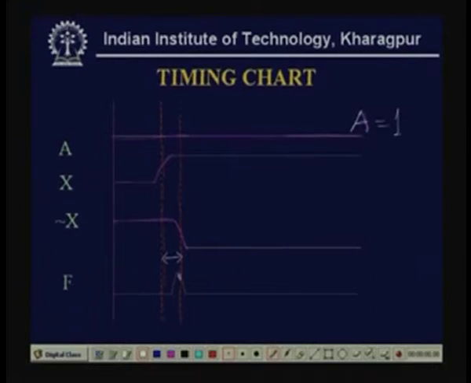Then in this particular example, at the output F, there will be a glitch during this transition or in this period. That means, if I consider that this is my output F, then I will get a glitch at this position. So, this is a static hazard.